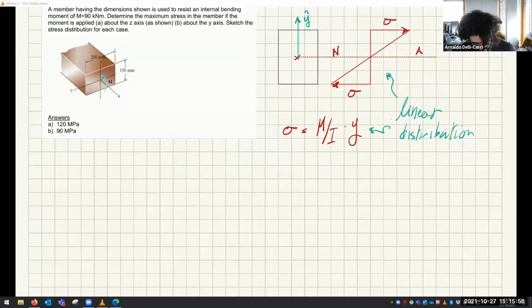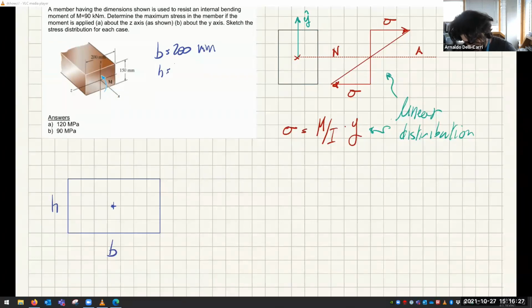So let me draw this in this direction. So of course the centroid is here. Let me say that this is B and this is H, where B is 200 millimeters and H is 150 millimeters.